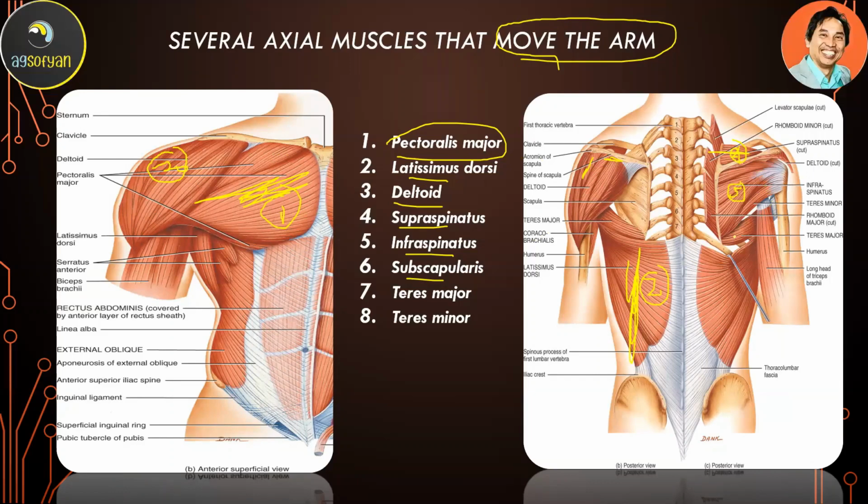And then it's going to be difficult to see the suprascapularis, teres major and teres minor. So this is teres major over here, and this is the teres minor muscle. So these muscles, and with other muscle, of course, will move our arms.